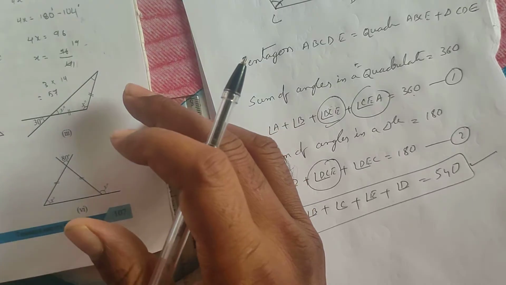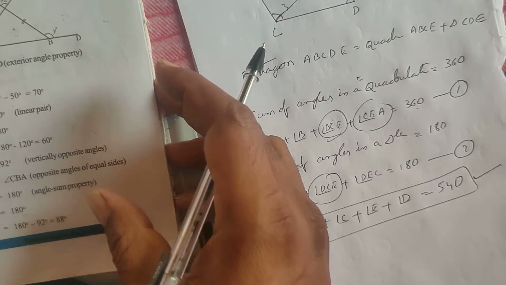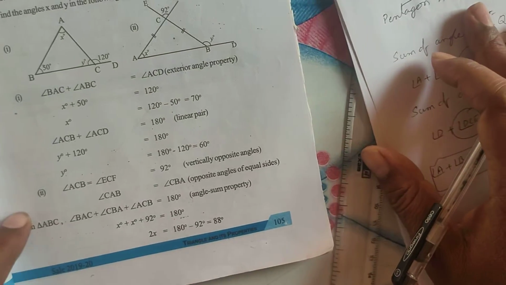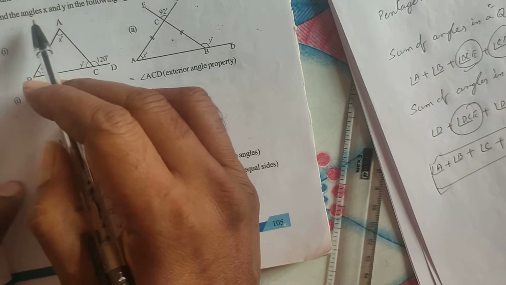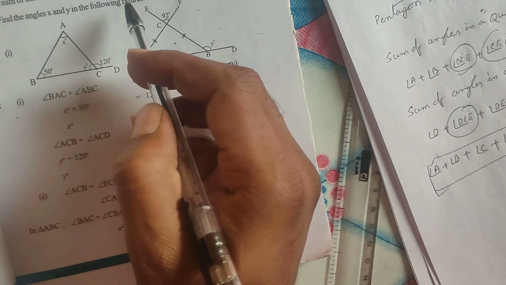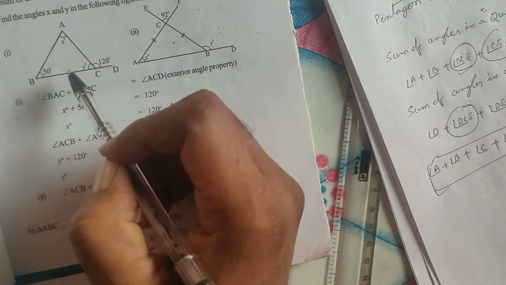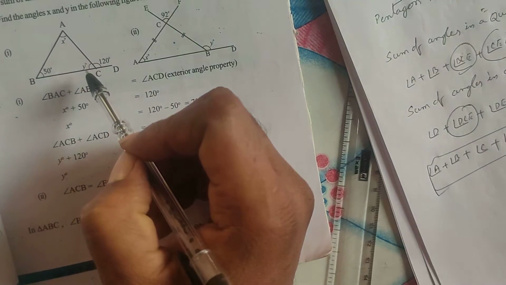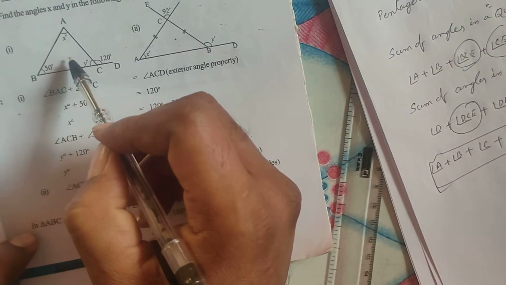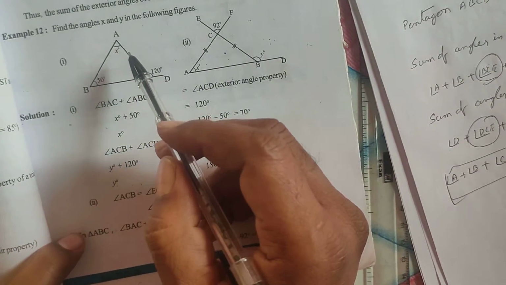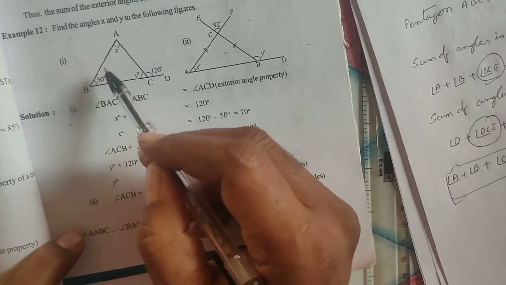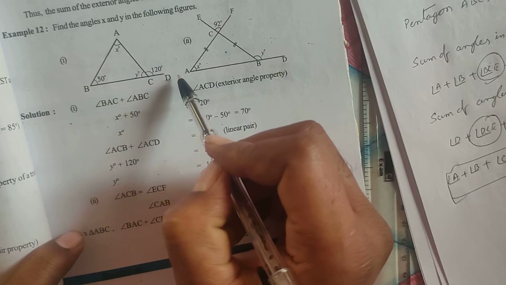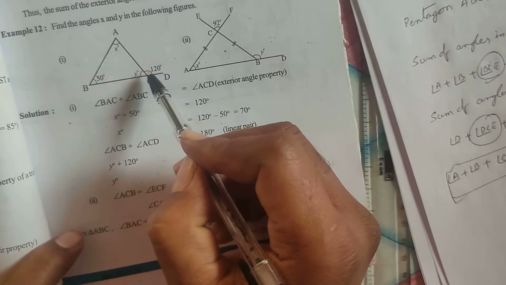if you do all the example sums also, you will get it. See, once I'll explain the example sum. Find the angles x and y in the following figures. They have given figures and you have to find the angles x and y. Okay, so the first problem, I'll explain to you. ABC is a triangle. One side is produced to D. So you got what?